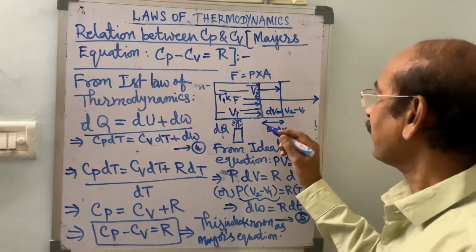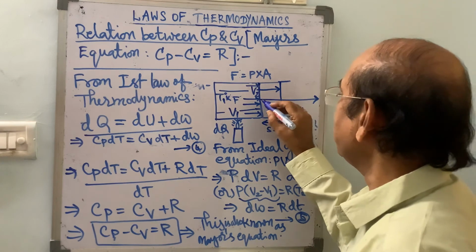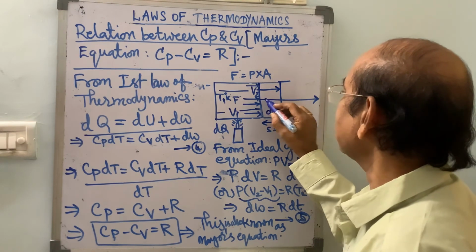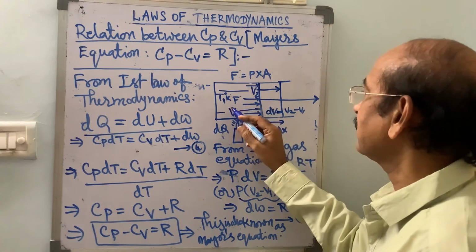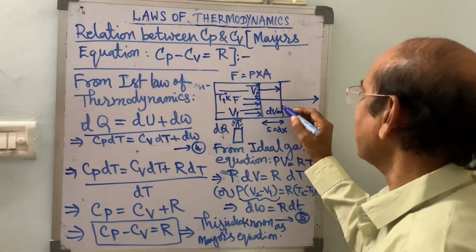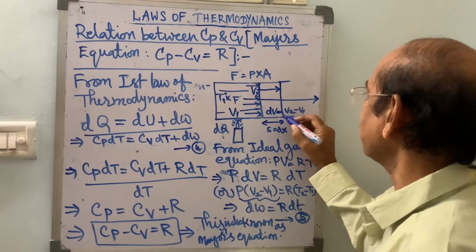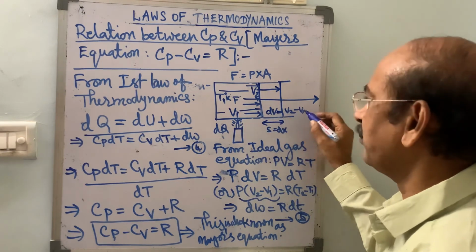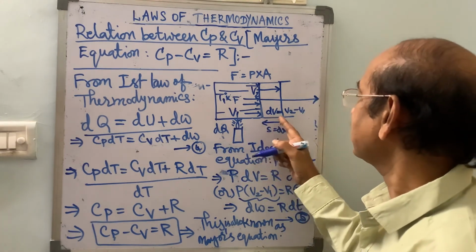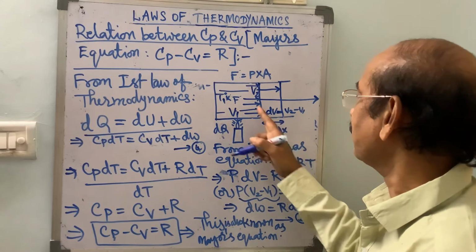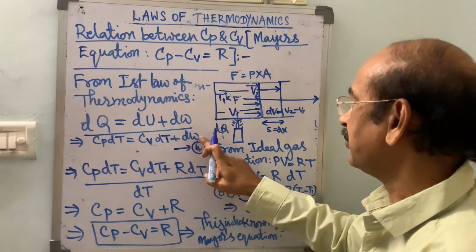After that, keeping the pressure constant, the gas is allowed to expand during the rise of temperature through 1 degree Kelvin. Let the gas expand from volume V1 to V2. Therefore, the increase in volume is dV, or V2 minus V1. As there is displacement of the piston under force, some work is done by the gas, equal to dW.